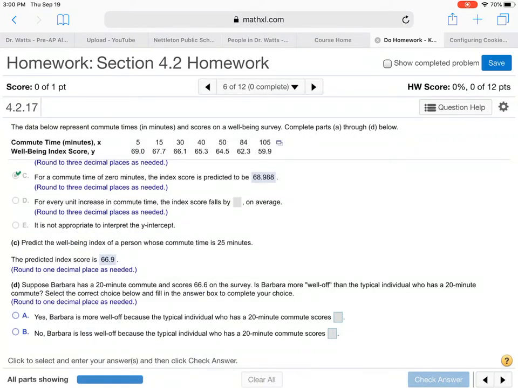Suppose Barbara has a 20-minute commute and scores 66.6 on the survey. Is Barbara more well off than the typical individual who has a 20-minute commute? Select the correct choice below and fill in the answer box to complete your choice. So on this one, we're looking for the residual.